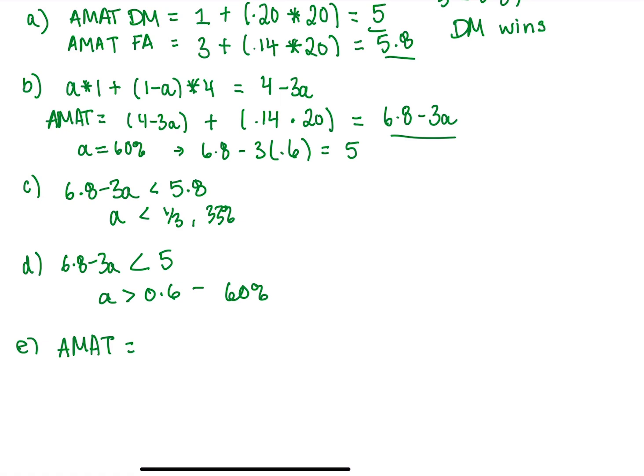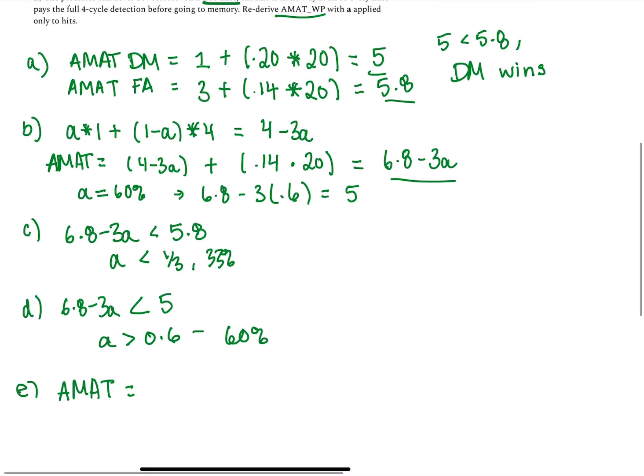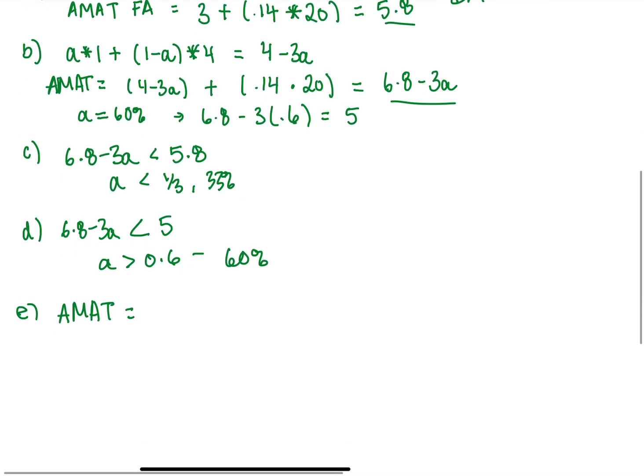We want to split up the probability of a hit and a probability of a miss, because originally we did not do that. So let's call M the probability of a miss, and therefore the probability of a hit is 1 minus M.